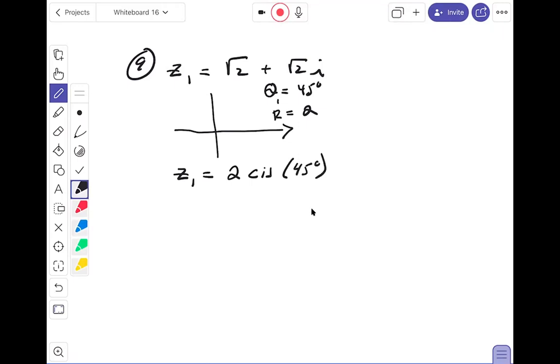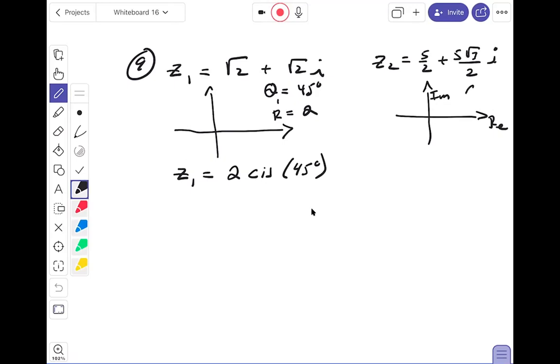All right, let's put down z2 now. A little more complicated. This is going to be 5 halves plus 5 root 3 over 2 i. And again, I'm going to try to visualize it. By that, I mean I'm looking at the imaginary and the real part. Again, this is the imaginary and this is the real. Hopefully they're really nice numbers. So let's take 5 halves and then 5 root 3 over 2. 60 degree reference.